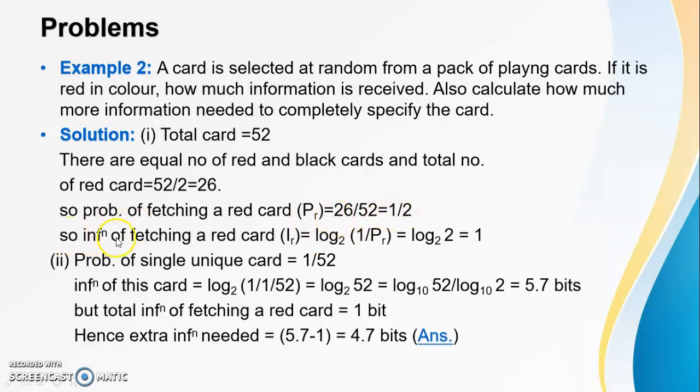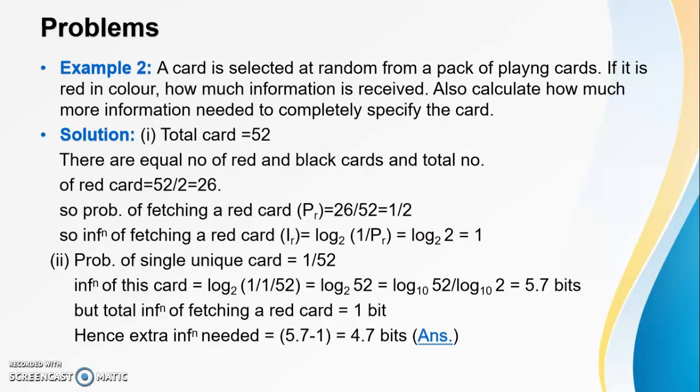So the information of fetching a red card is IR equals log 2 1 by PR. The value of PR equals half, so it is log 2 base 2, which is equal to 1.